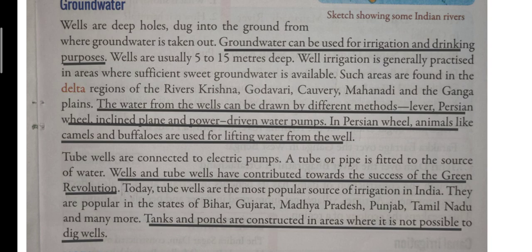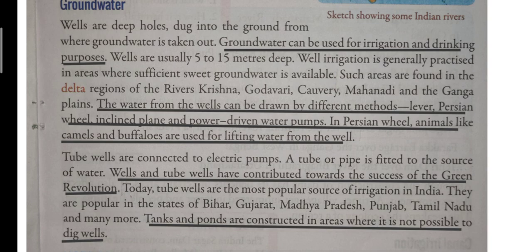So children, mostly farmers in India use tube wells, and especially it is popular in the states of Bihar, Gujarat, Madhya Pradesh, Punjab and Tamil Nadu. So in all these places, farmers use tube wells to irrigate their fields.